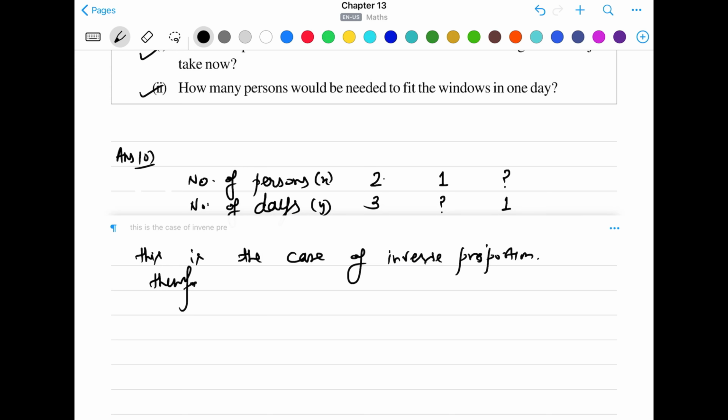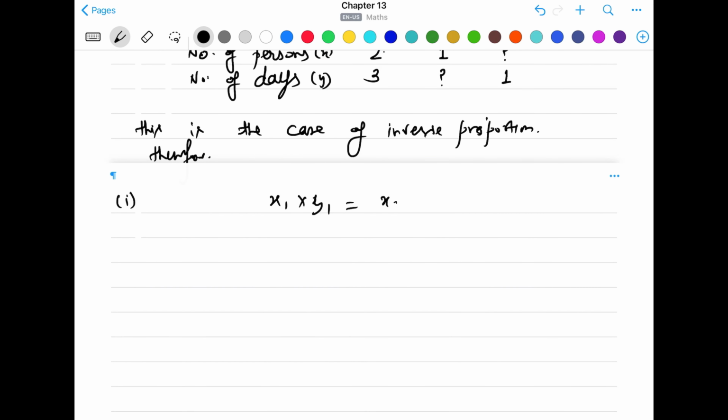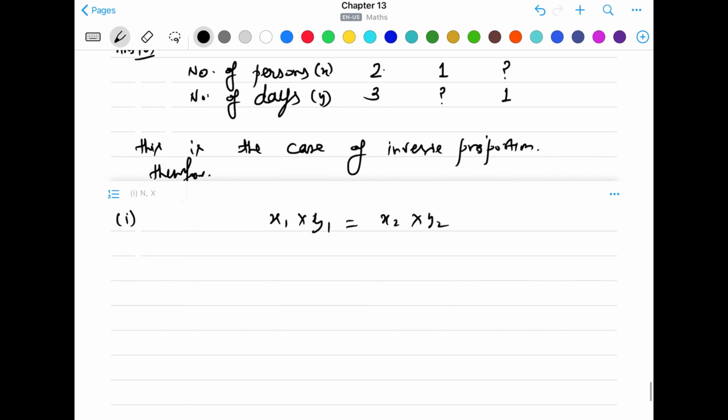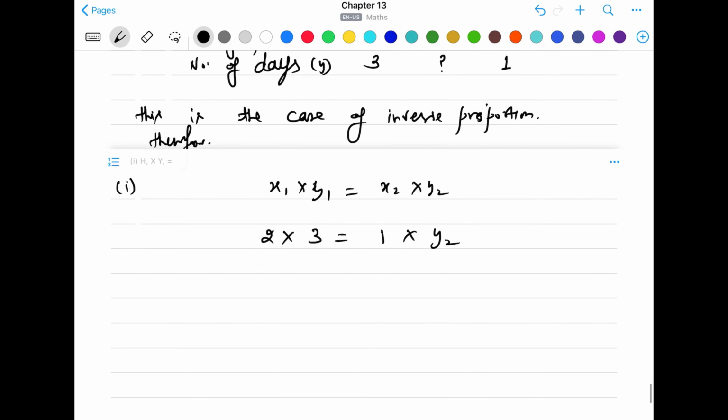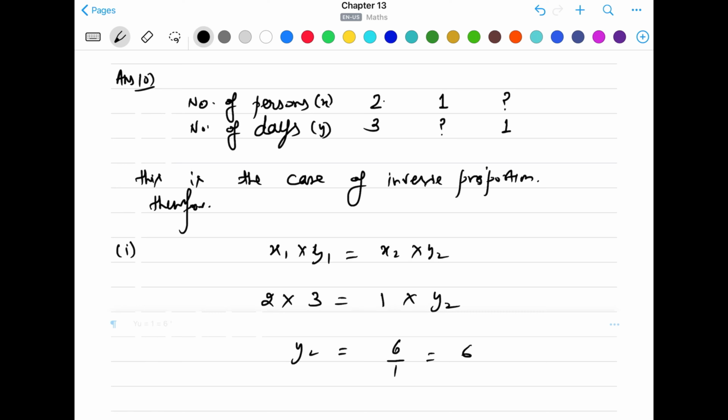So we can write, part 1: we have x1 into y1 equals x2 into y2. So x1 is 2, y1 is 3, x2 is 1, y2 we have to calculate. So from here y2 will be 2 into 3 is 6, divided by 1, that is 6.